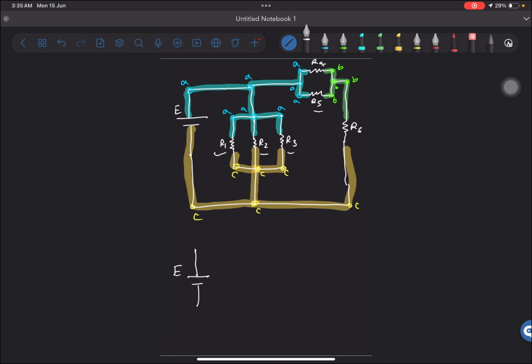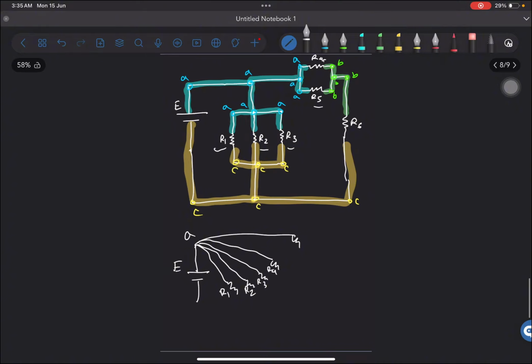So let me draw 5 branches. 5 of these that we have originate all from A. So this is R1, this is R2, R3, R4, and then R5.